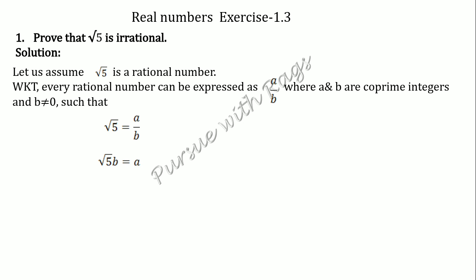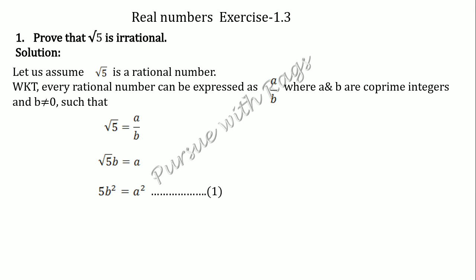Now, in order to apply the theorem, let us take squares on both sides. On squaring both LHS and RHS, we will get root 5 the whole square into B square is equal to A square. Root 5 the whole square will be equal to 5. So 5B square is equal to A square. Keep it as equation number 1.